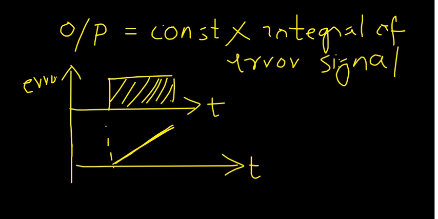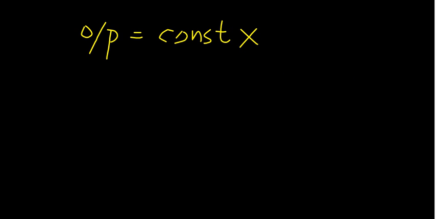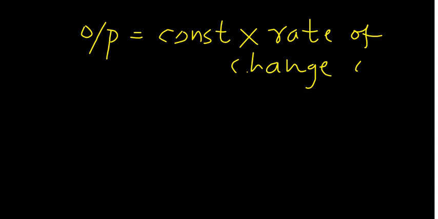And apart from this, if you want one more kind, the controller output is some constant, which I have not mentioned previously, times the rate of change of the error signal. This kind of system gives you still better output characteristics, or better controllability, right?